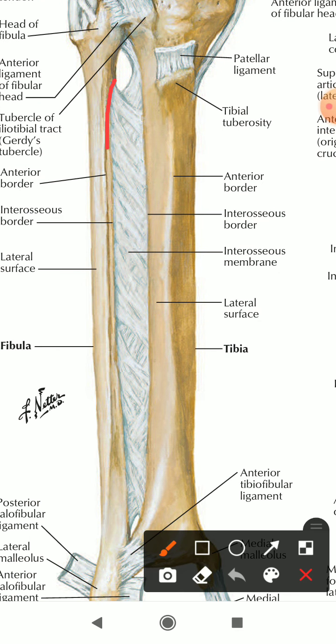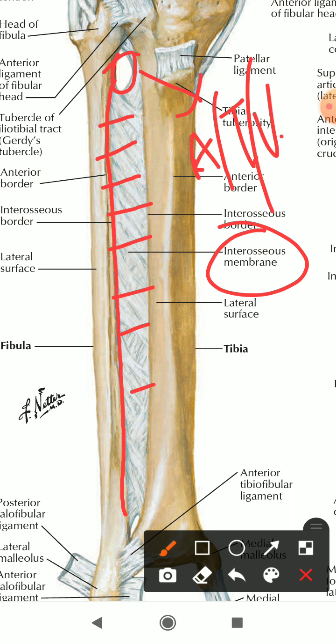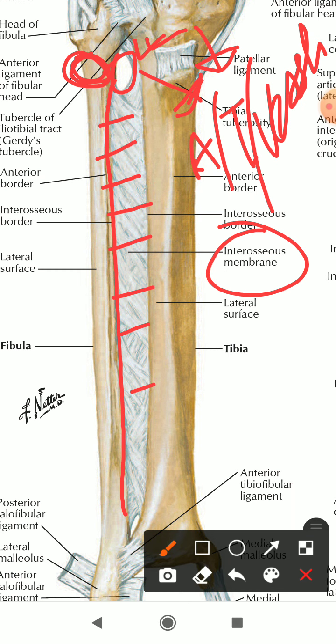This is the interosseous border, and there it gives attachment to the interosseous membrane, and in the upper end it presents an oval gap for the passage of the anterior tibial vessels. And we already told you that at the neck of the fibula, medially it is related with the anterior tibial vessels, and through this oval gap the anterior tibial vessels pass.